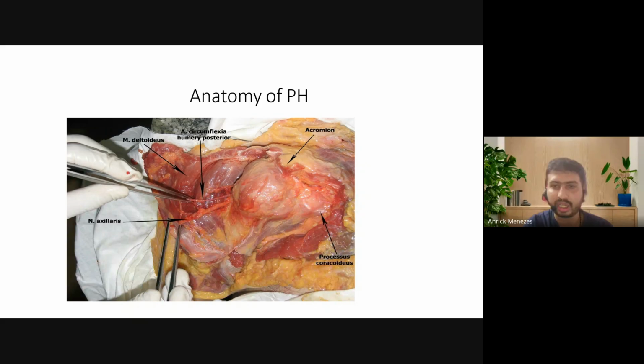The arrow they are showing is your acromion. Acromion is covered by the deltoid. You already know that. So that has been cut open. You can see how they are showing the axillary nerve, coracoid process, and again the posterior circumflex humeral artery.